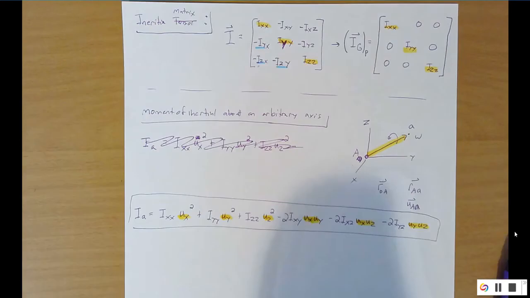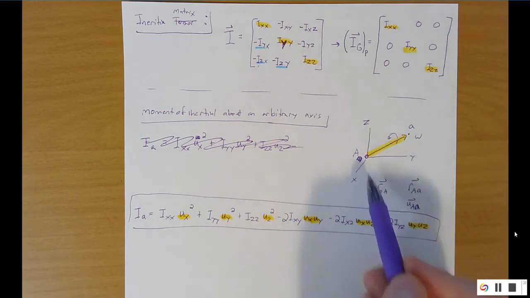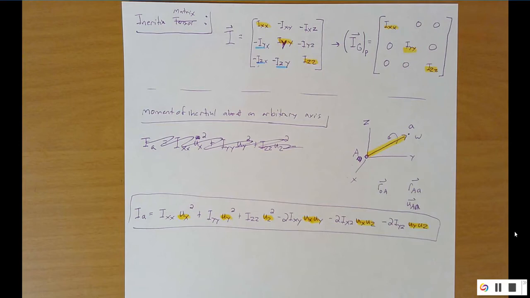The xx, yy, zz, xy, xz, these are all for the original orientation and point. Otherwise, it would make no sense to recalculate them, because if you could do that, then you wouldn't need this equation. So these are for the original orientation, and then these are the unit vectors of this line.